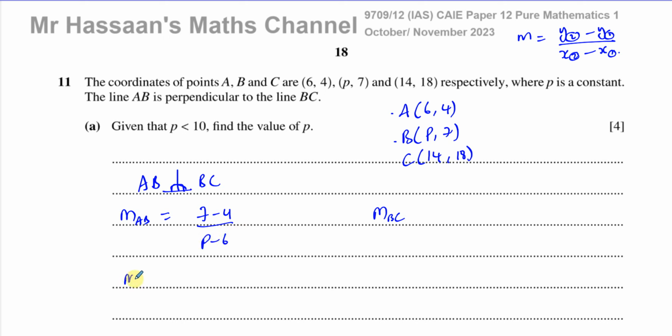So the gradient of the line AB is going to be 7 minus 4, which is 3, over P minus 6, which can't be simplified. That's an algebraic expression. And the gradient of BC is the change in y, 18 minus 7, over 14 minus P. That gives you 11 over 14 minus P. So that's the gradient of BC.